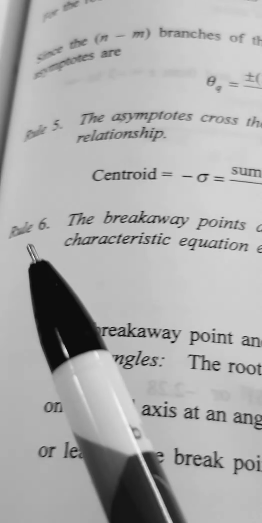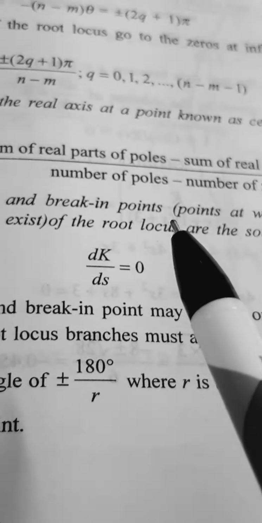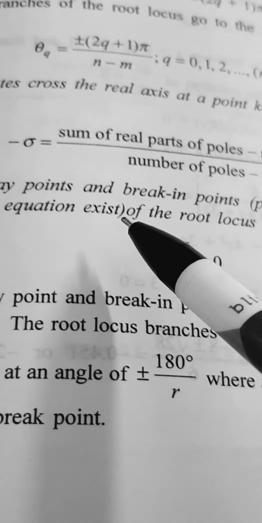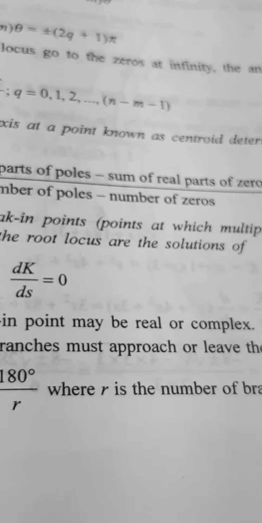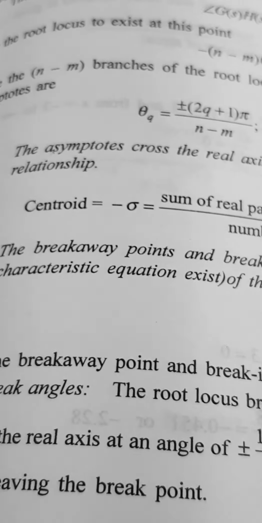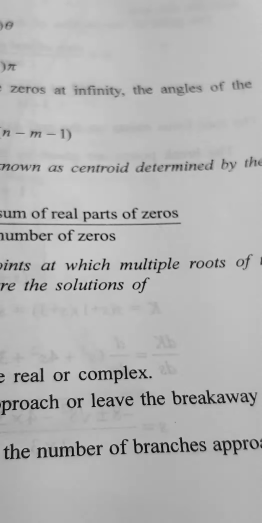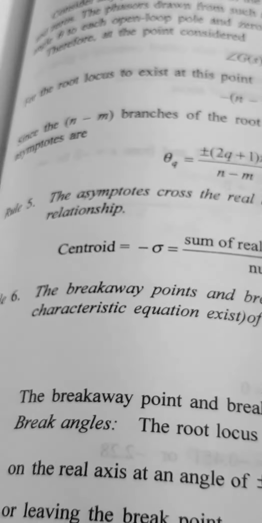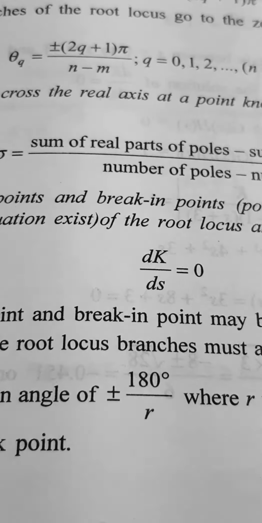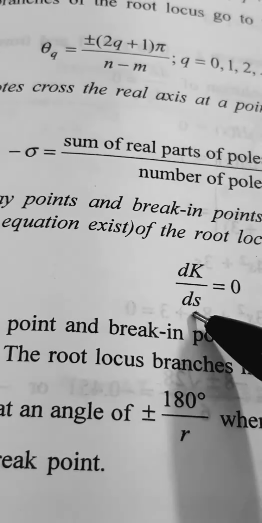Finding the centroid. Rule 6: the breakaway points and break-in points are points at which multiple roots of the characteristic equation exist. The points at which multiple roots of the characteristic equation of the root locus exist are the solutions of dK/ds equal to 0.